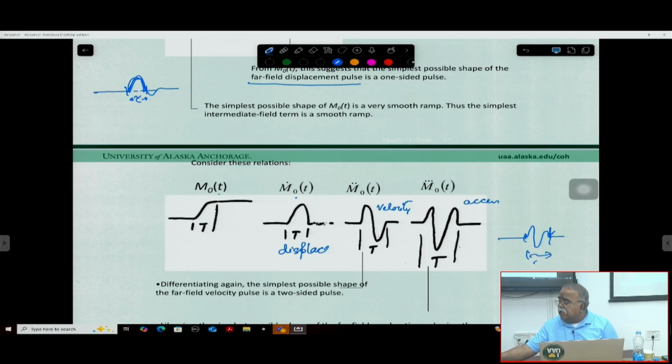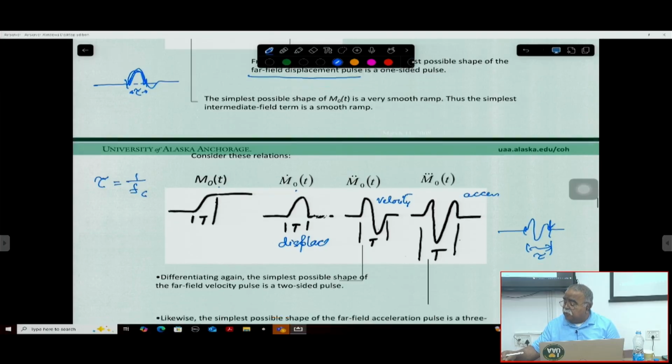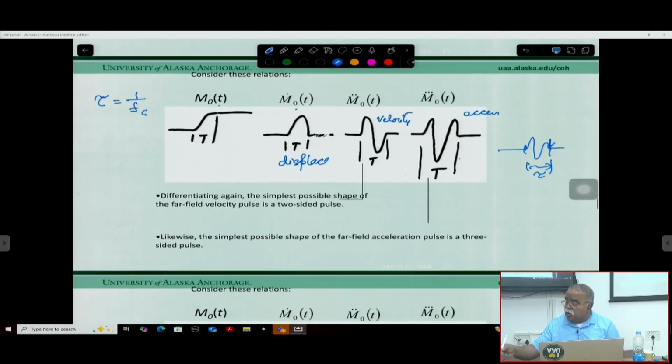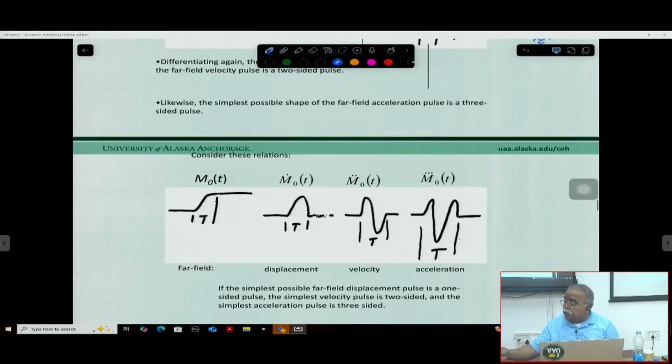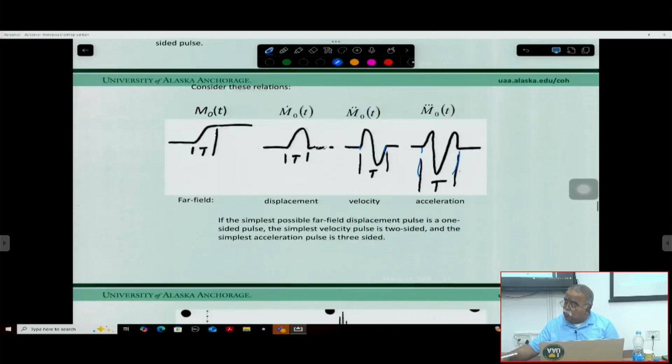So by seeing your record, you can very easily identify your tau value, and then this tau is equal to 1 by fc, right? So that is your corner frequency. You can easily find it out by seeing the pulse, right? So this is your velocity pulse, this is your acceleration pulse, and this is your moment values.